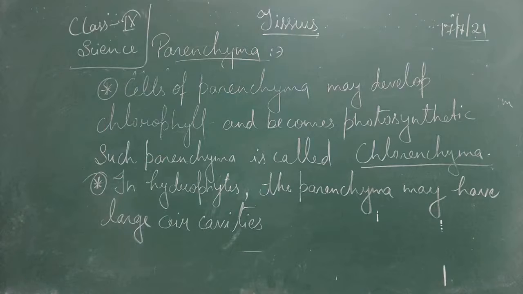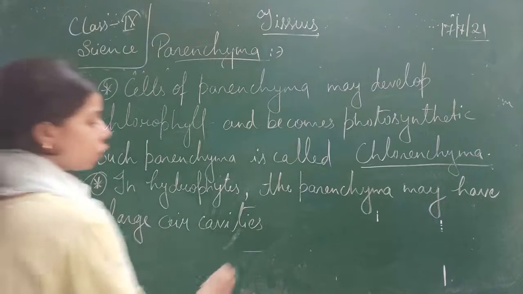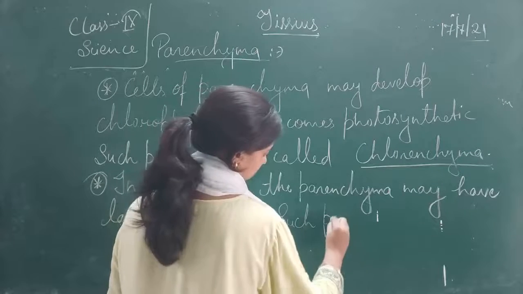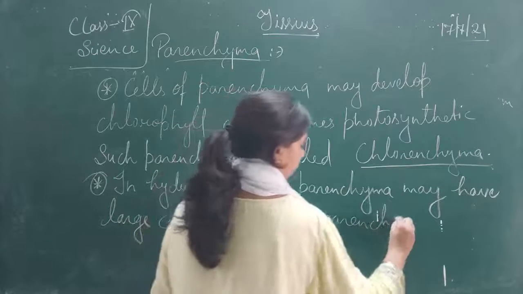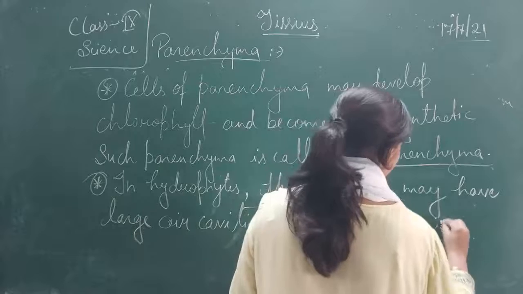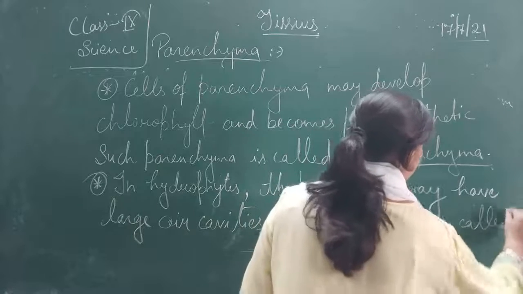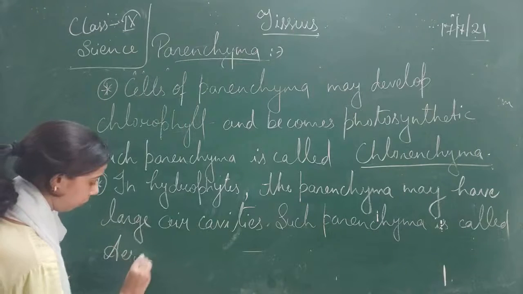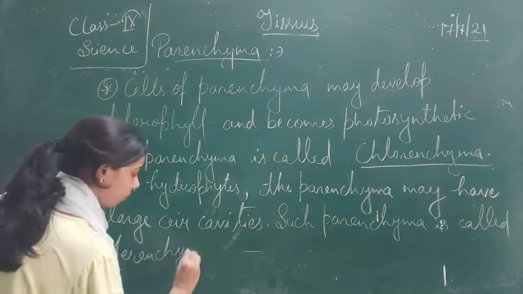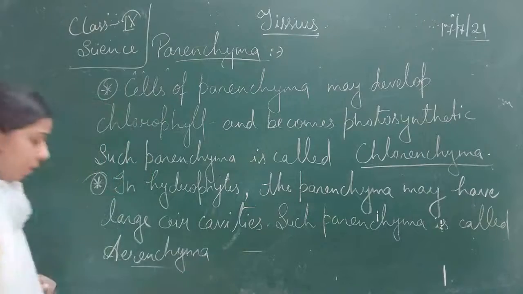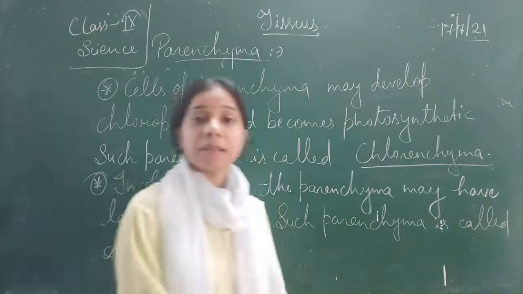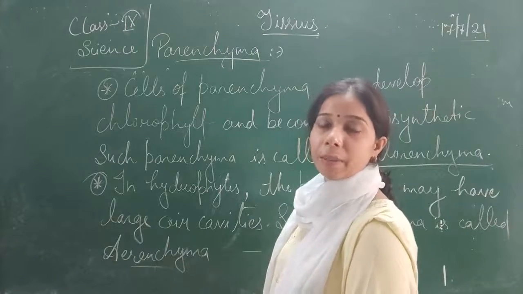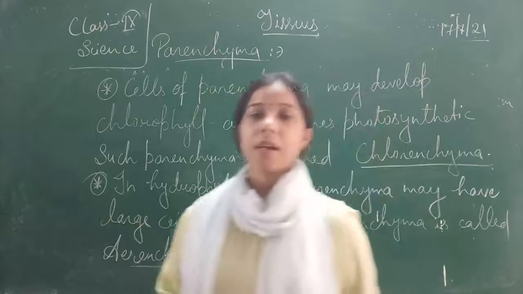Such parenchyma is called aerenchyma. Since the tissues are filled with air, such a parenchymatous tissue is called aerenchyma.